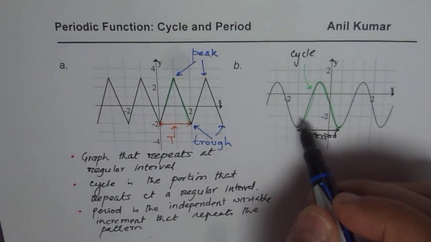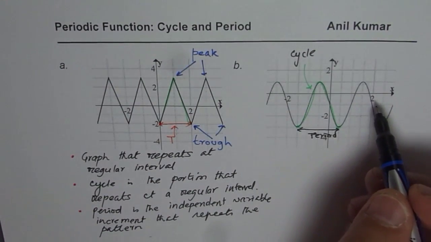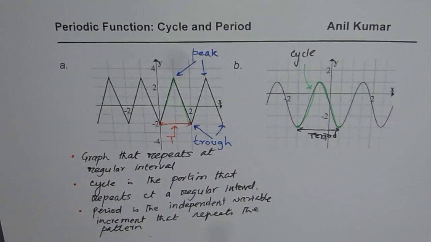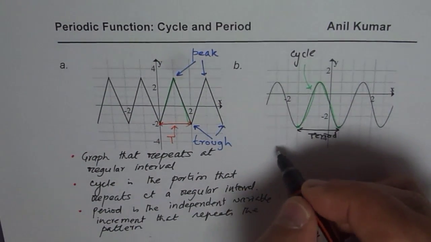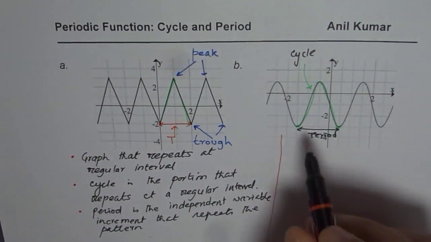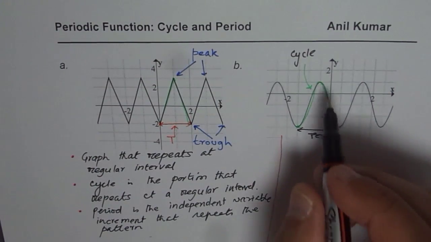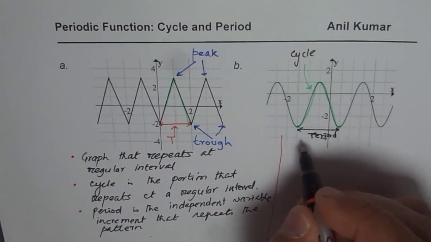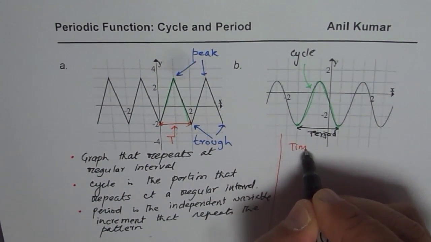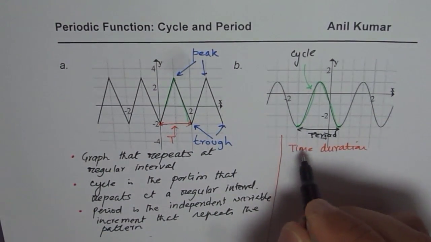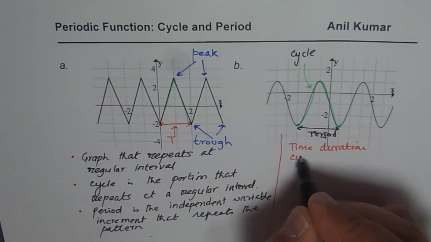Whenever we have sinusoidal functions, so these are very well defined functions. So here we could say a few things for guaranteed, right? But we cannot say for other functions. So we have some more characteristics here, which we'll consider in the next video. And those will be on finding the time duration, how to find time duration or the cycle time. You could also call this as a cycle time.